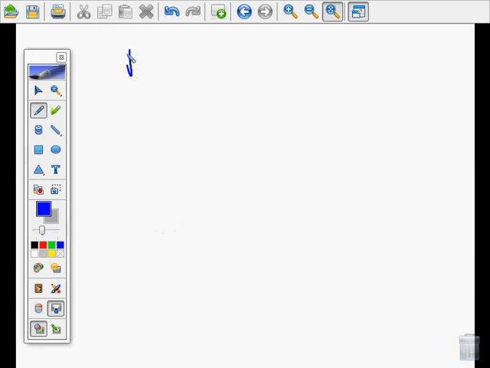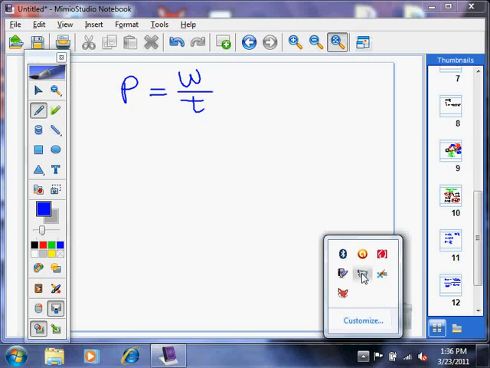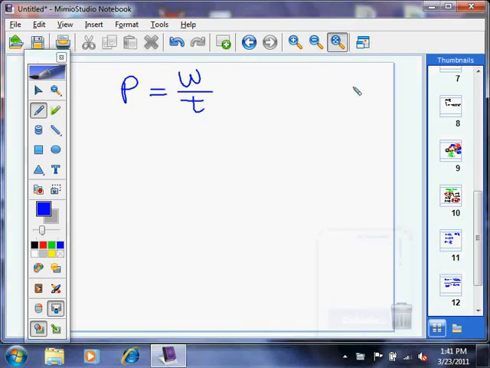Well, we start off with our power formula, work over time, and we'll take a break and come on back and talk more about that. To calculate the work done, you can just rearrange the good old classical power equals work over time, and you get work equals power times time.